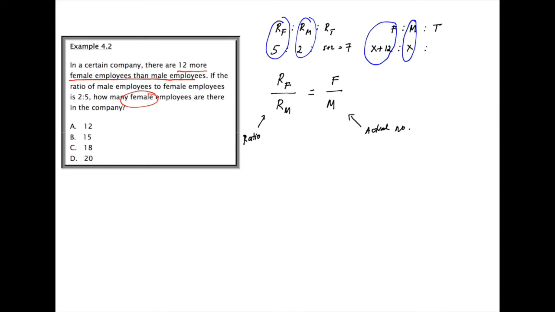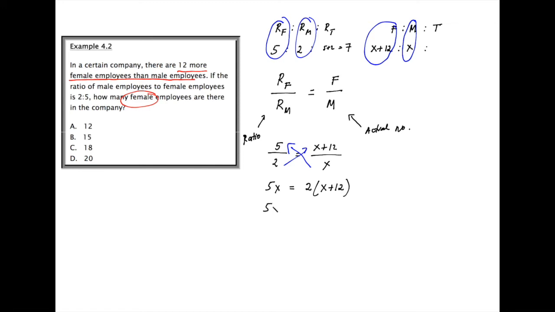We can now write our solution wherein the ratio of female is 5 over 2. And for the actual number, we have x plus 12 over x. Solving algebraically, this leads to 5 times x equals 2 multiplied by x plus 12.